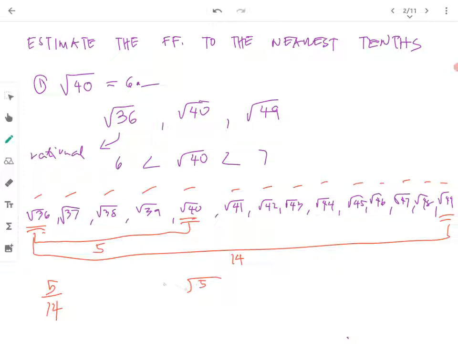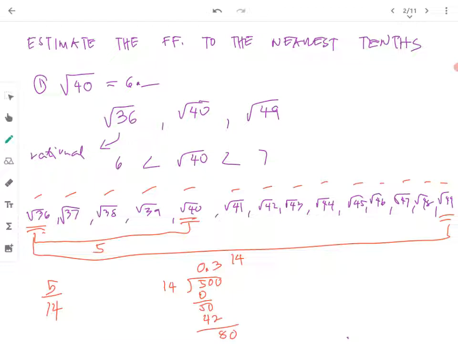We have 0, then another 0, then 5. We add 0, then divide 50 by 14. How many 14s are there in 50? That is 3, and 3 times 14 is 42. Then we have 8, then add another 0.